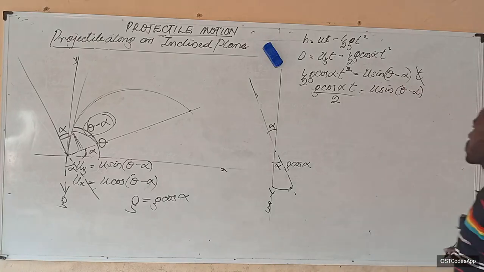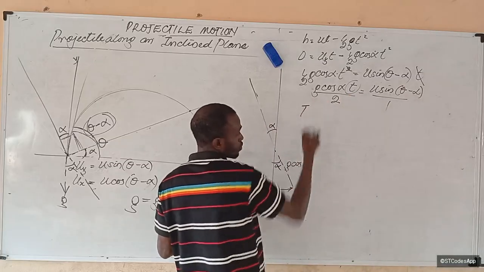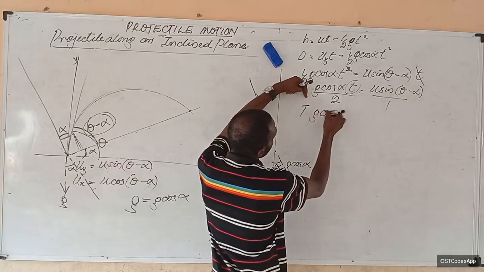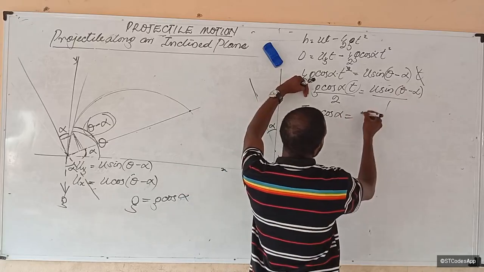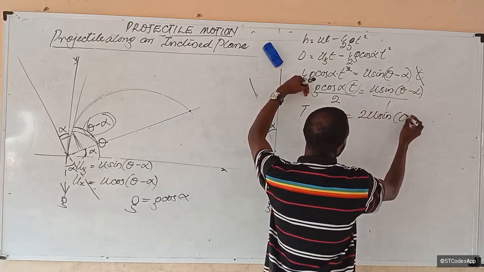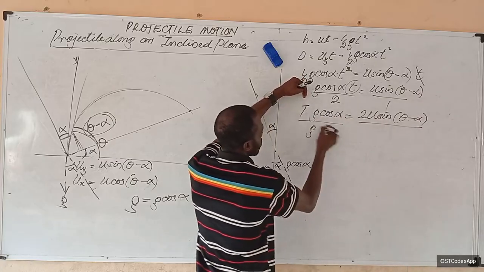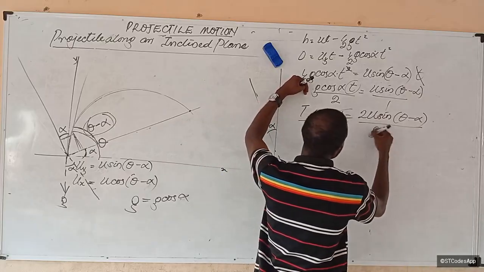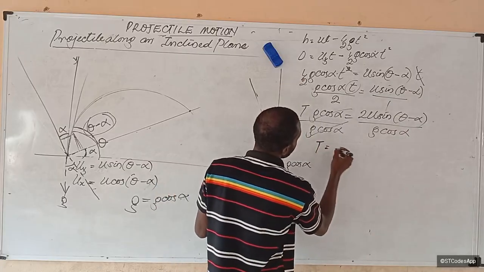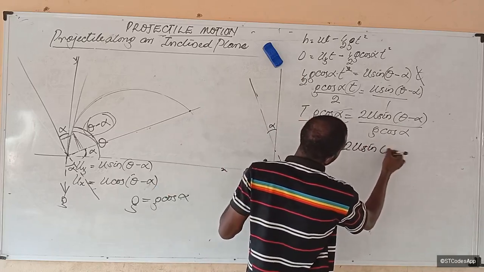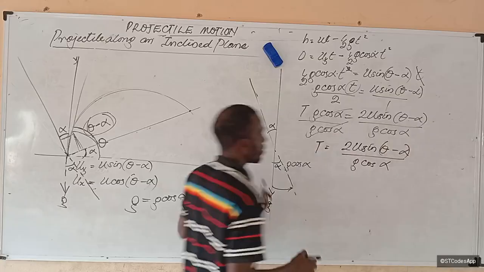You cross multiply and you have t. This t is now the total time of flight, so let's change it to capital T. Capital T g cos alpha is equal to 2u sine theta minus alpha. Divide both sides by g cos alpha. So T therefore becomes 2u sine theta minus alpha over g cos alpha.